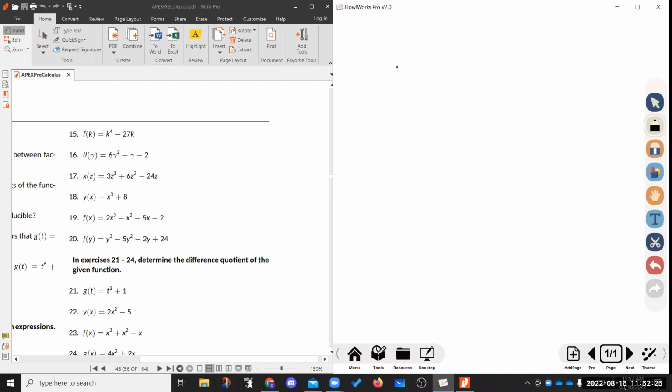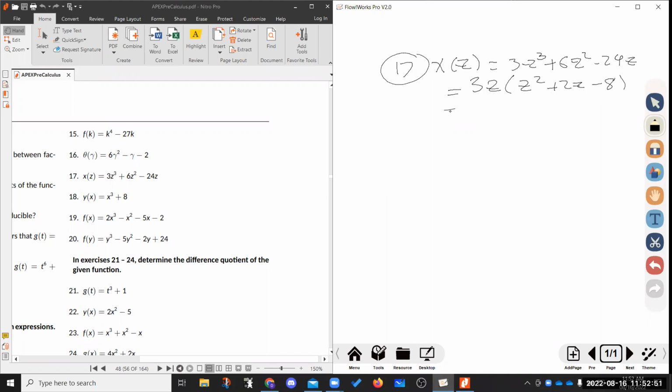All right, let's talk about number 17, which says x of z is going to be equal to 3z cubed plus 6z squared minus 24z. We always start off with the greatest common factor. It's again something that we talked about in MTE6. So 3z is my greatest common factor, z squared plus 2z minus 8.